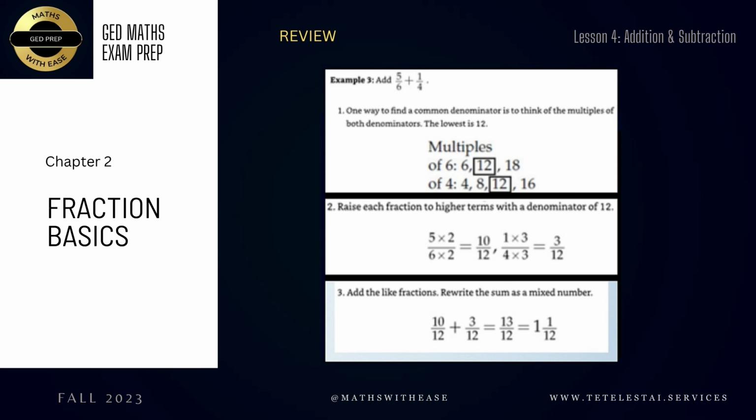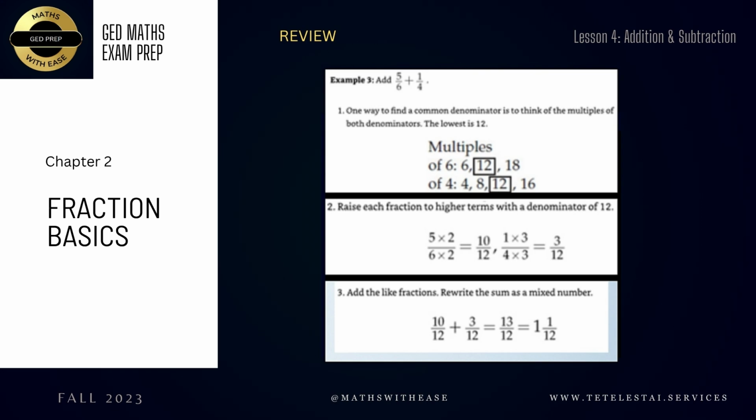So essentially, we're just multiplying this number by 1, 2, 3, 4. The next multiple here would be 24 because 6 times 4 is 24, the next multiple would be 30 because 6 times 5 is 30.